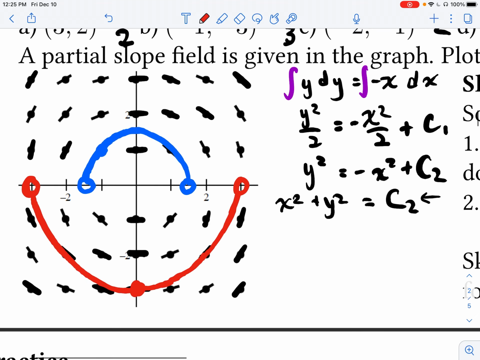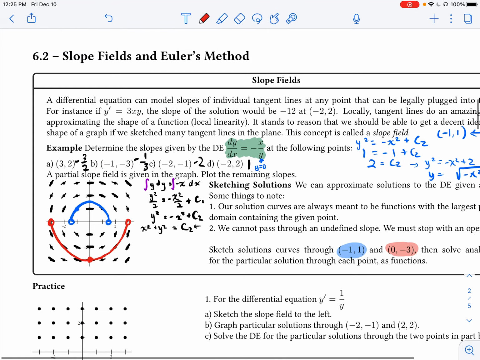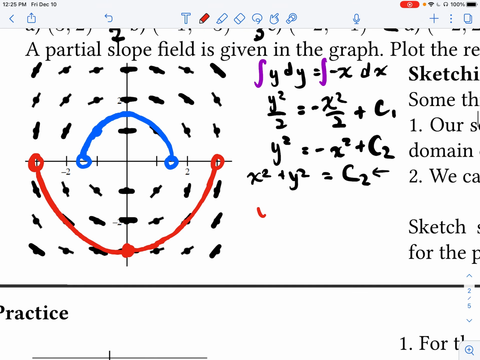Now, can we find that analytically? So let's do that. Let's find the particular solution here. So again, starting with y squared is equal to negative x squared plus c sub 2, this equation.